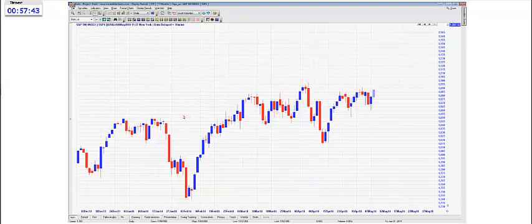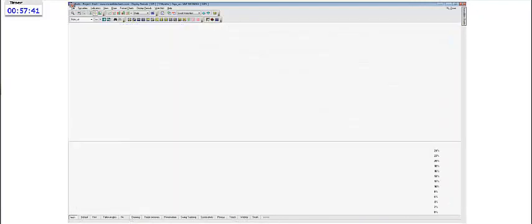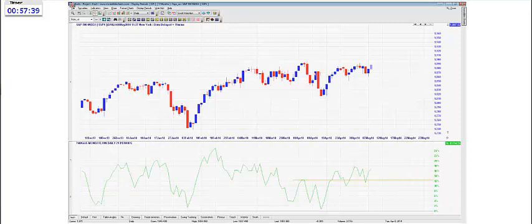If we were to look at the market currently and apply this type of approach of what we may want to scan for, what do we see here? We see that we've got rising bottoms, always drawing left to right.